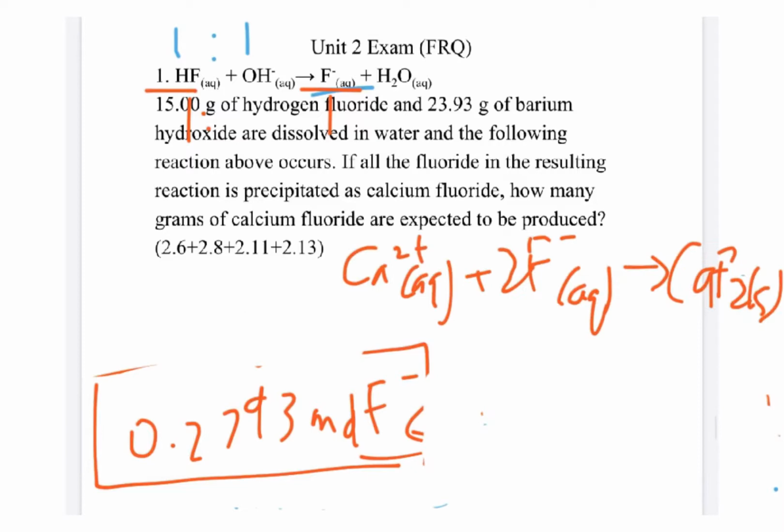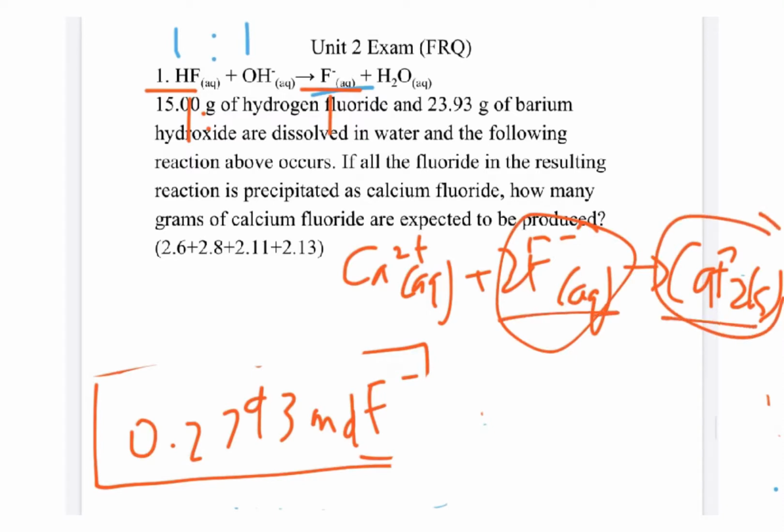So looking over here, we see that the fluoride will be converted to calcium fluoride, which means that all of this will turn into this, which kind of implies that we have an unlimited source of calcium that's precipitating the F- to produce calcium fluoride.